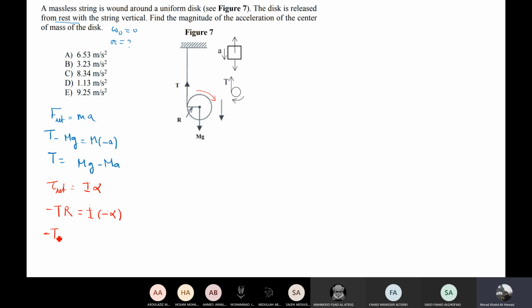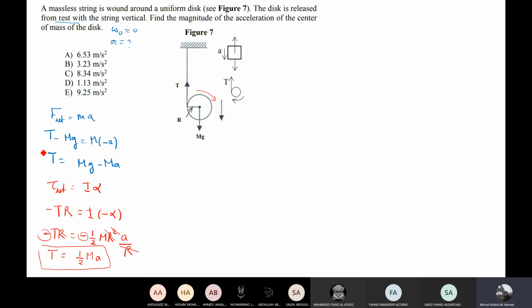For the uniform disk, instead of I I will put half m r square. Instead of alpha, I will put a over r. Again, r with square will go, right? Then r square over r gives r. We have r on both sides, so I can eliminate it. I can eliminate minus with minus. I will end up with T equal to 1/2 ma.